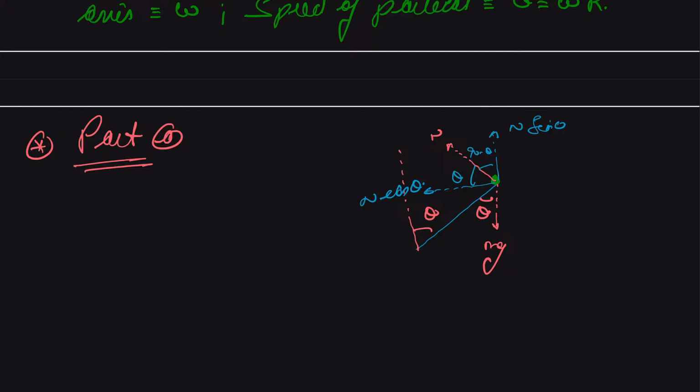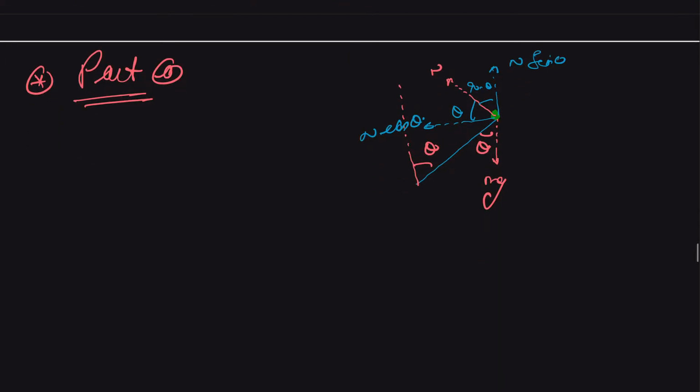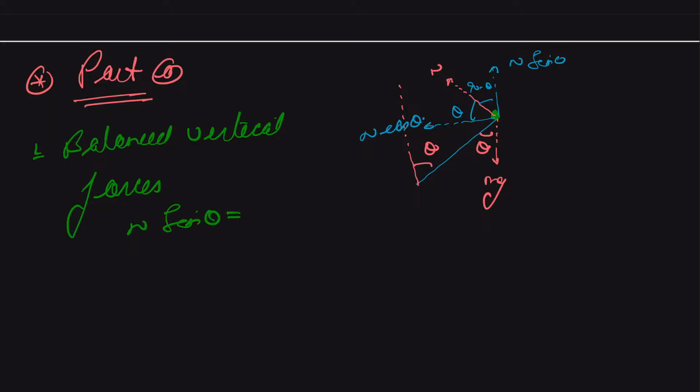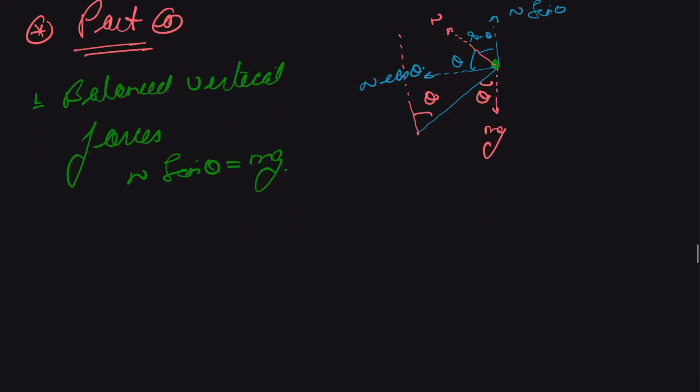For the balanced vertical forces, we can write that n sine of theta is equal to mg.